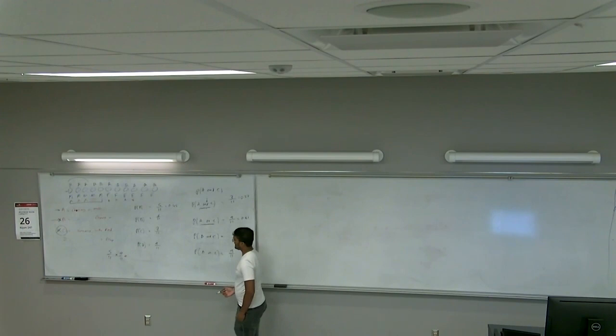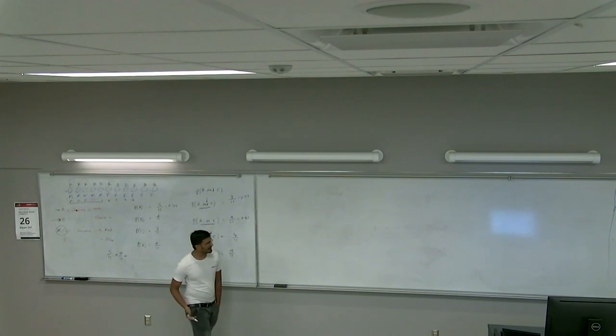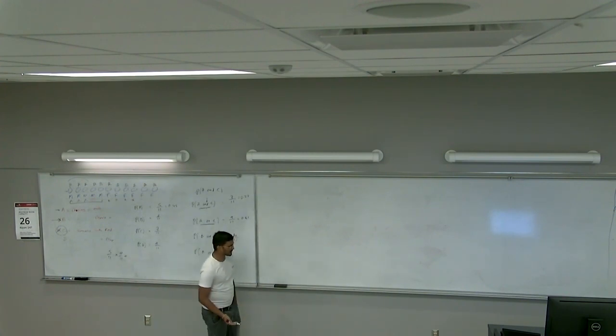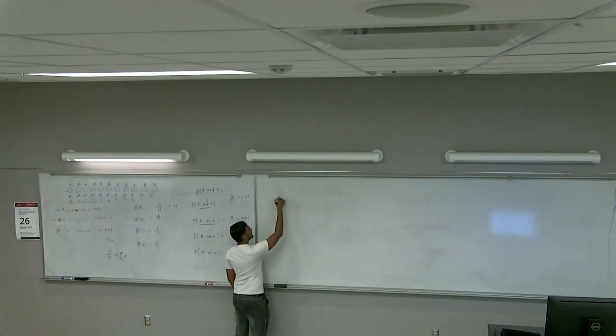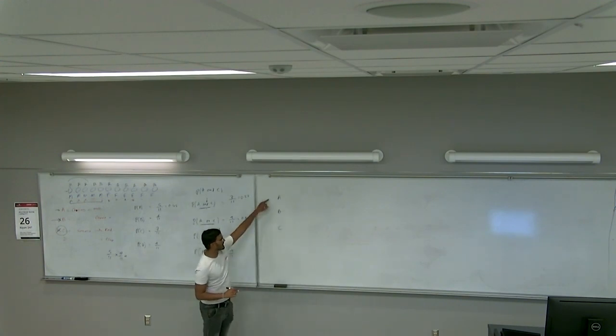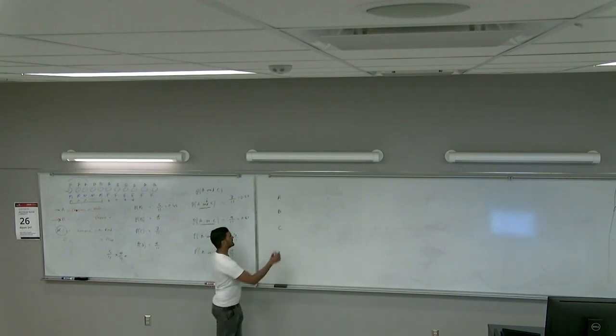And next, we did something about two-way tables. Now, when it comes to a two-way table, let me take a similar example to the one we did in the book. Suppose in a forest, you have three types of trees called A, B, and C. These are names of different trees.